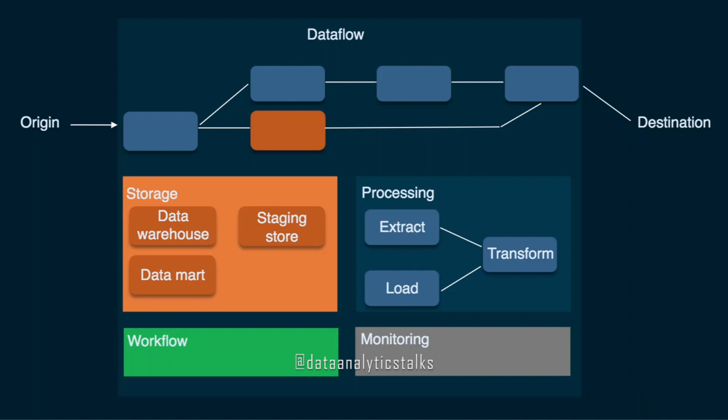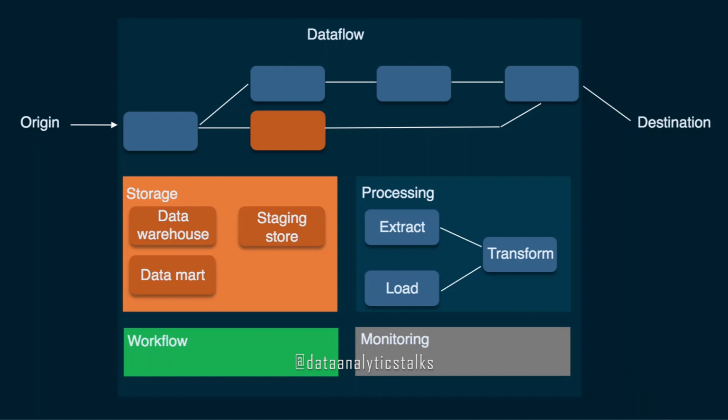Then with respect to processing, the extraction of the content, the various transformations, the load activity. Then you will have the workflow, that means the jobs, the schedulers you need to manage. Then finally, you will have to monitor the whole activity, the whole ecosystem.